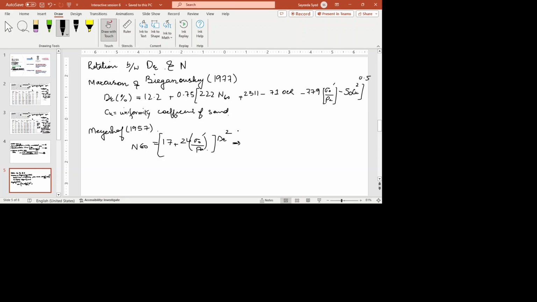So that implies Dr equals N60 over 17 plus 24 sigma naught dash over Pa, and the whole is under root.